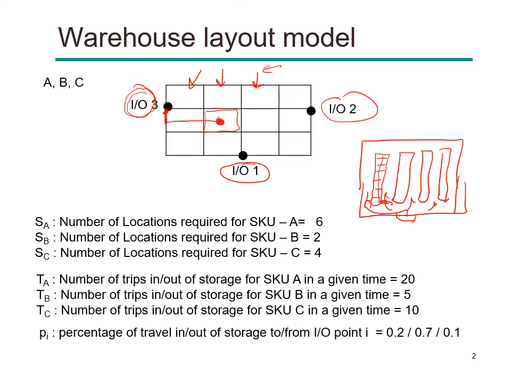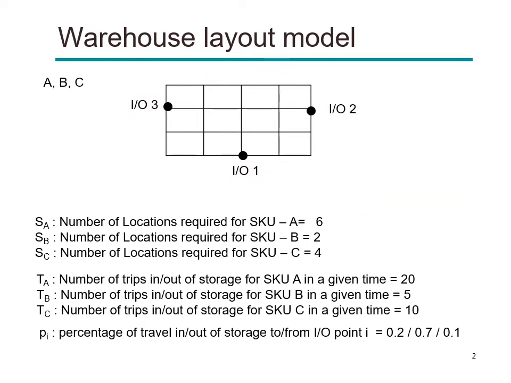Okay, and as you see, we have three docks over here, and let's assume that we are going to locate three items, three stock keeping units to this layout, and in total we have 12 locations. So we are finding the addresses of these items for dedicated storage.